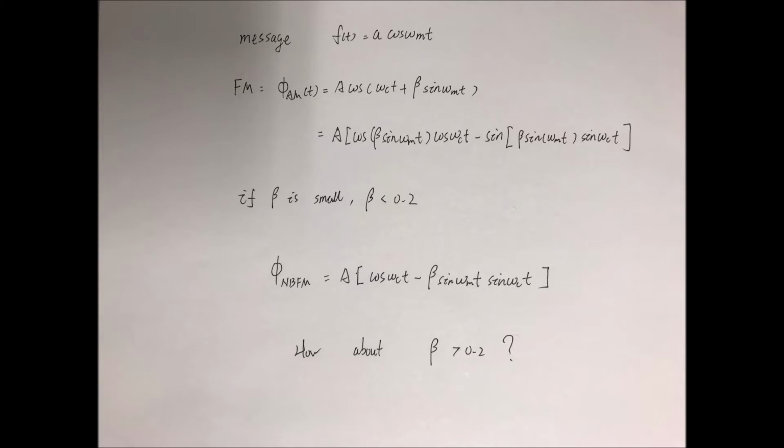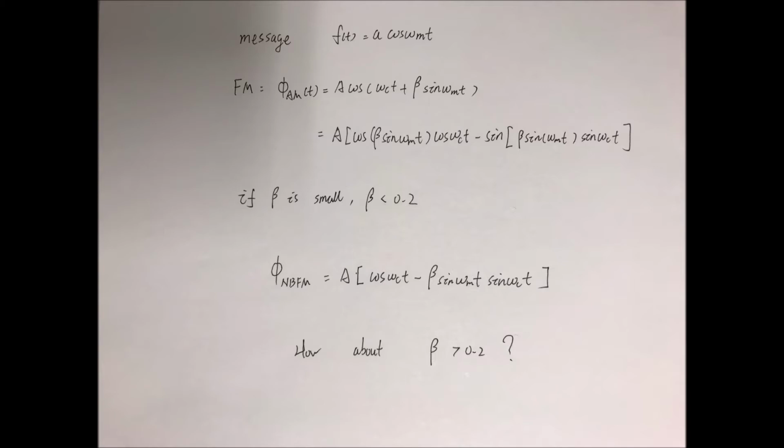So when beta is less than 0.2, this whole term is approximately equal to 1, right? And sine of a small number is close to the number itself, so sine of this one is close to beta sine omega m of t. So we have this narrowband FM.